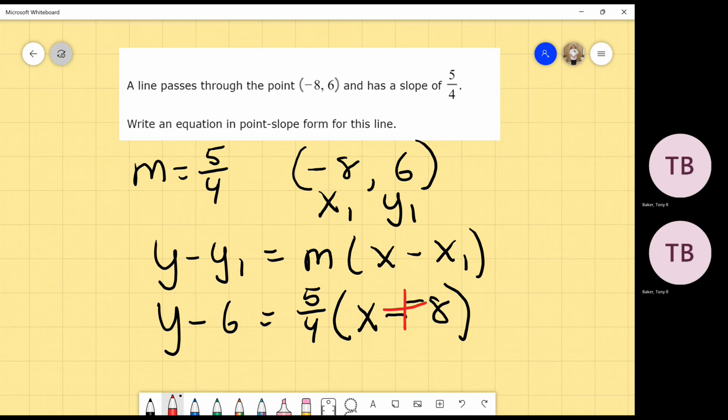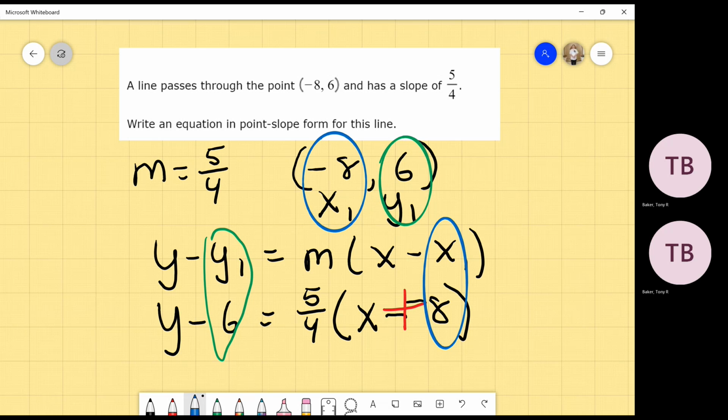So the y stays the same. The y1 comes from right here. Yep. So that's the 6. And then the x1. The first x stays. And then that's there, and because that's minus and minus, that's how you get the positive. Yep.